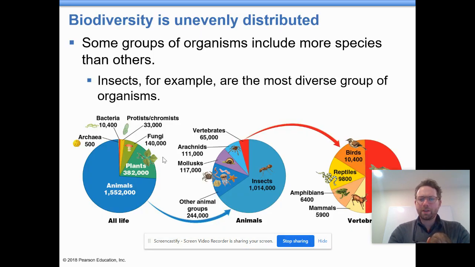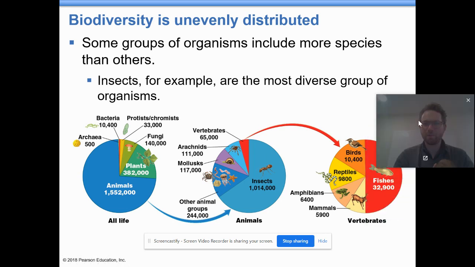So when we talk about biodiversity, it's important to think about a lot of ways in which the world is biodiverse. And if you look at this, take a second to really see a lot of the diversity. I'm going to move my camera here for a second.